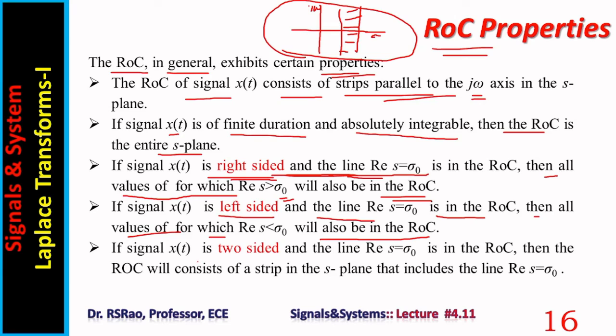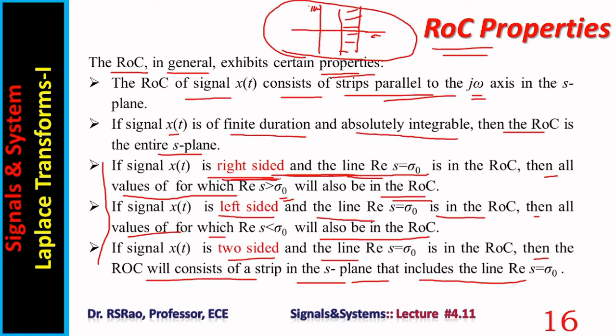If the signal x of t is two-sided and the line real s equal to sigma naught is in the ROC, then the ROC will consist of a strip in the S-plane that includes the line real s equal to sigma naught. So here 3 points are mentioned, corresponding to left-sided, right-sided and two-sided.